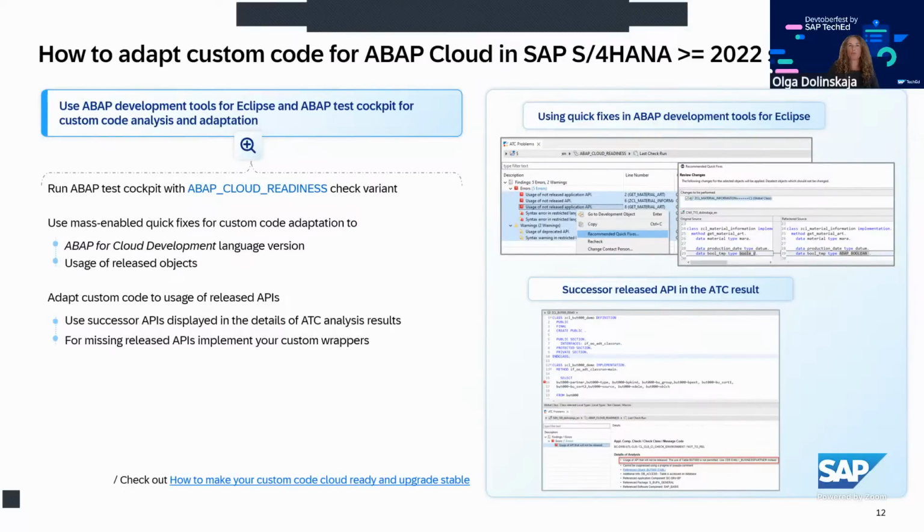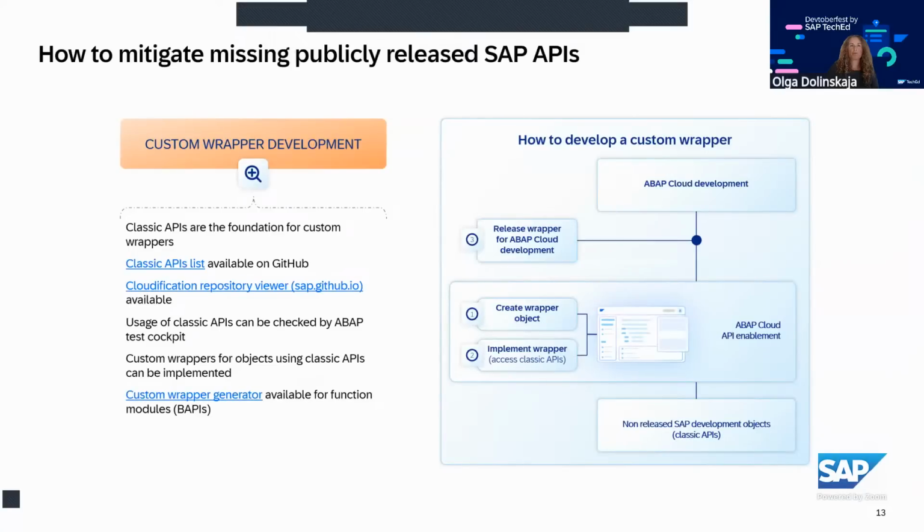So this is the procedure, how to analyze your code for ABAP Cloud and how to adapt it to ABAP Cloud development. As already said, if you are missing released APIs, there is a procedure in place which you can use to implement your own custom wrapper to mitigate the missing released API.